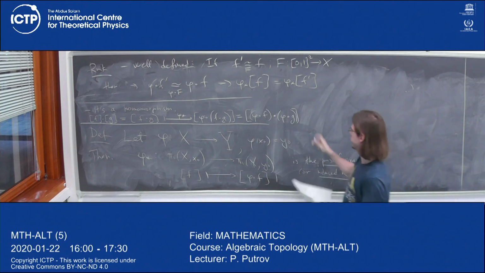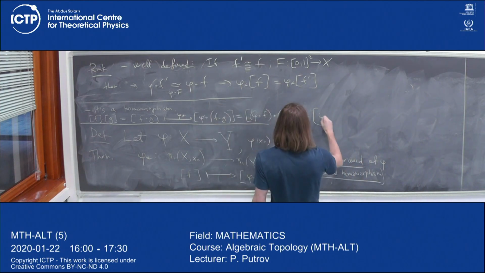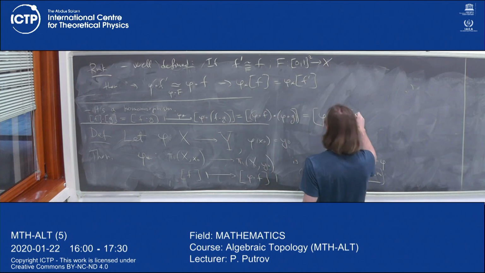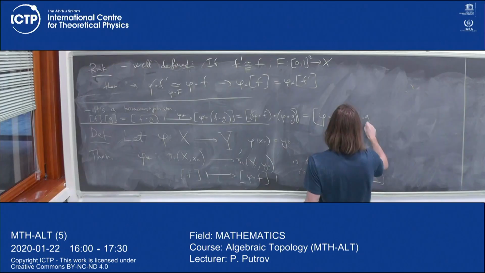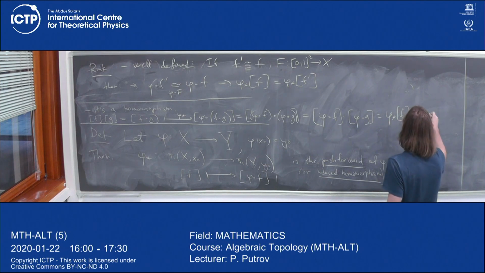This is indeed, by definition of the product here, the product of these classes, which is the same as phi star acting on f, and phi star acting on g.